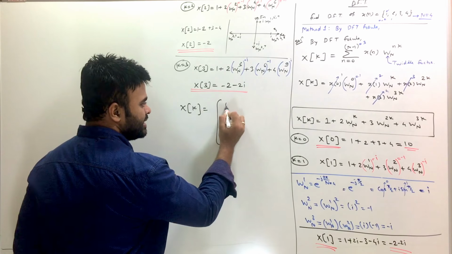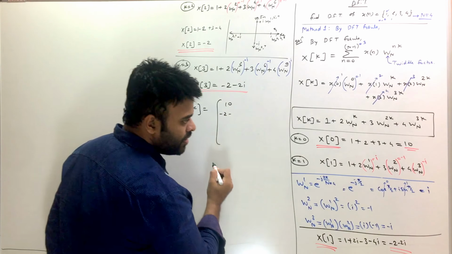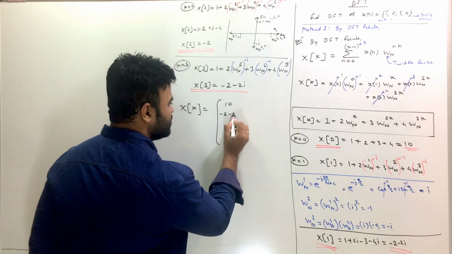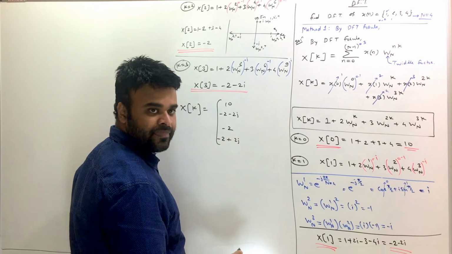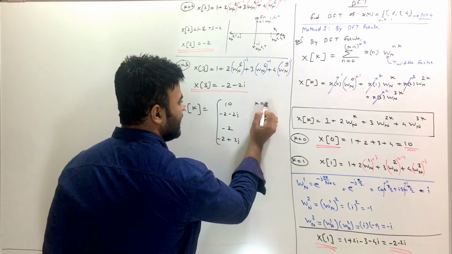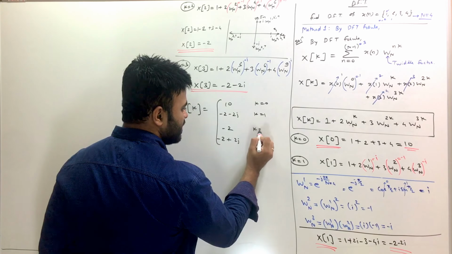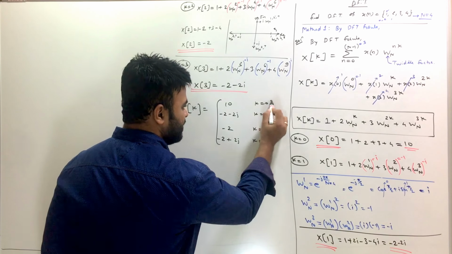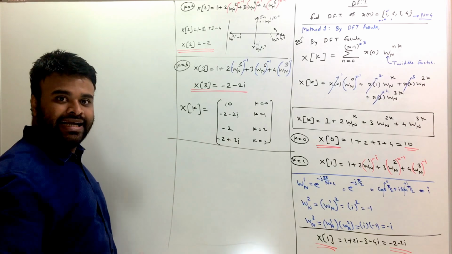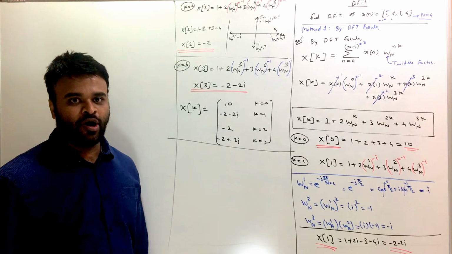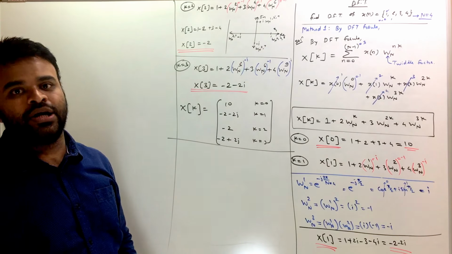The values are 10, minus 2 minus 2j, minus 2, minus 2 plus 2j. And these are the values I've got at k equal to 0, k equal to 1, k equal to 2, and k equal to 3. And that's my final answer. And that xk here is the discrete Fourier transform of x of n, 1, 2, 3, 4.